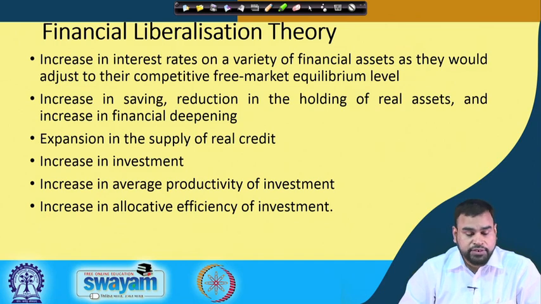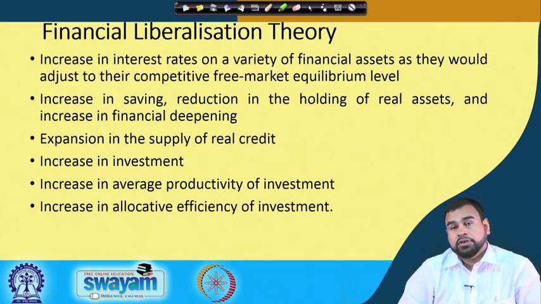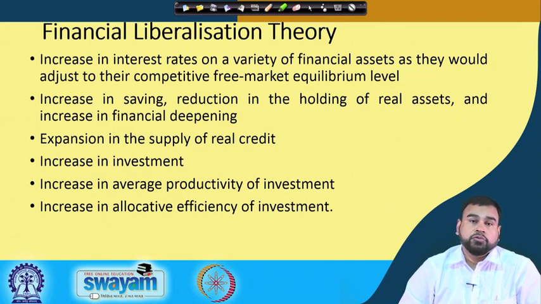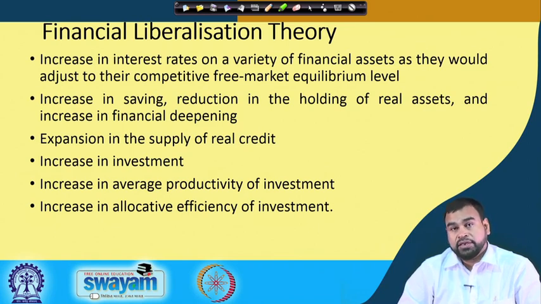It helps in increasing investment. Once investment grows because of more participation, more types of instruments and different types of investors like FIIs, foreign institutional investors, FDI, all kinds of investors in the system, it will increase the efficiency of the market, and the average productivity of investment can go up.